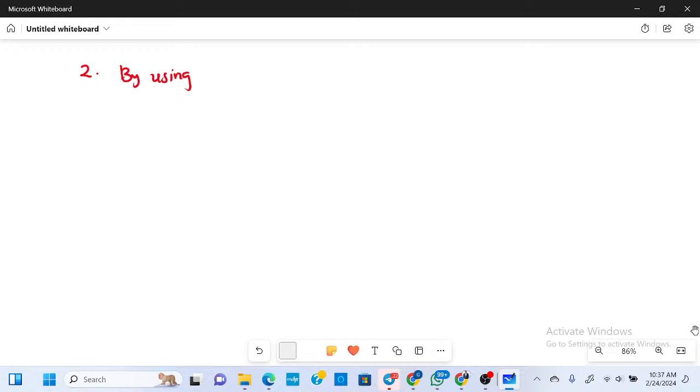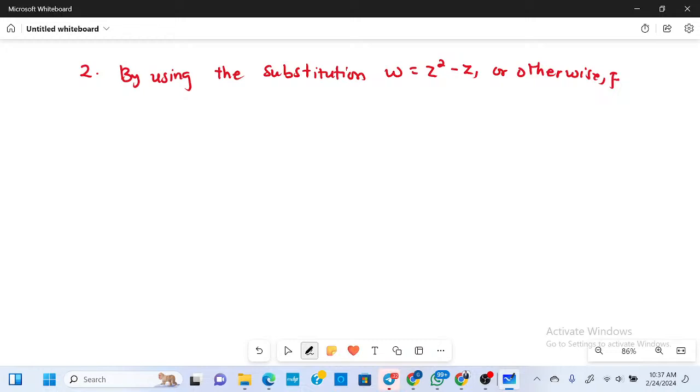By using the substitution W is equal to Z squared minus Z, or otherwise, find in exact form the four solutions of the equation below.